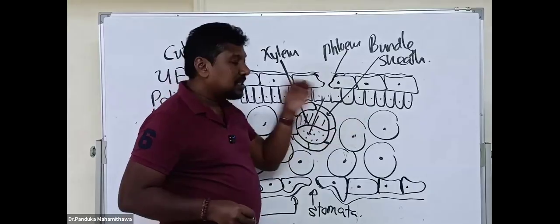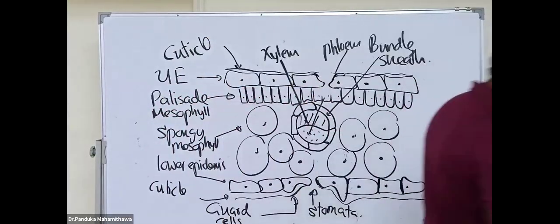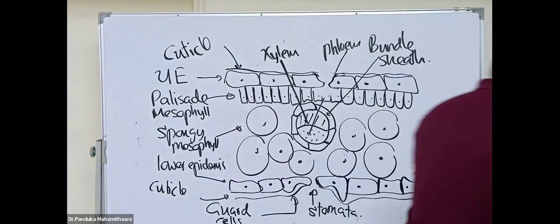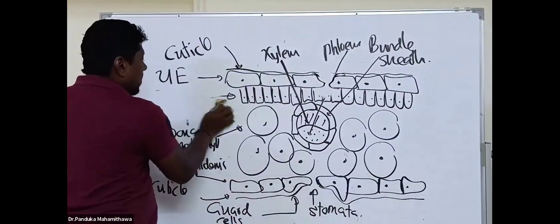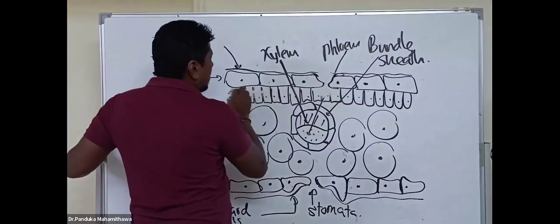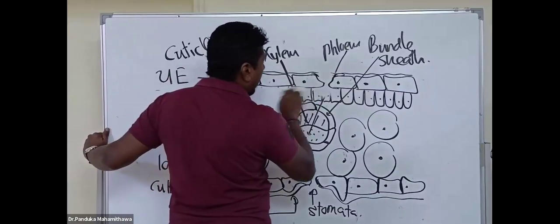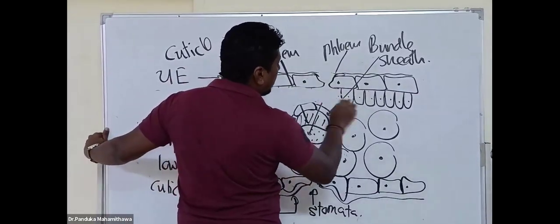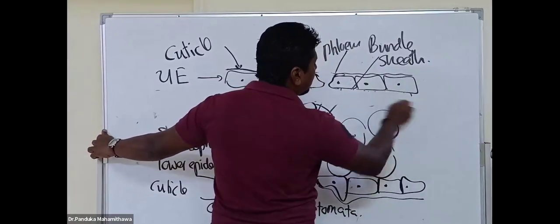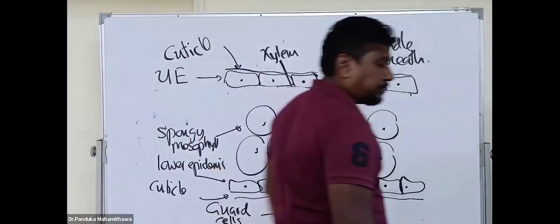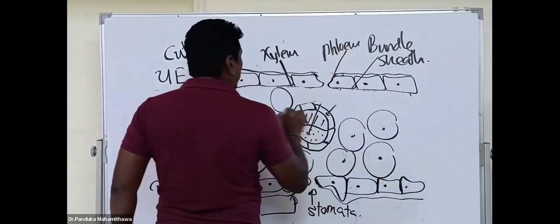And the other important thing about the mesophyll cells is that they don't have palisade mesophyll. They have only spongy mesophyll. The spongy mesophyll cells have the chloroplasts.